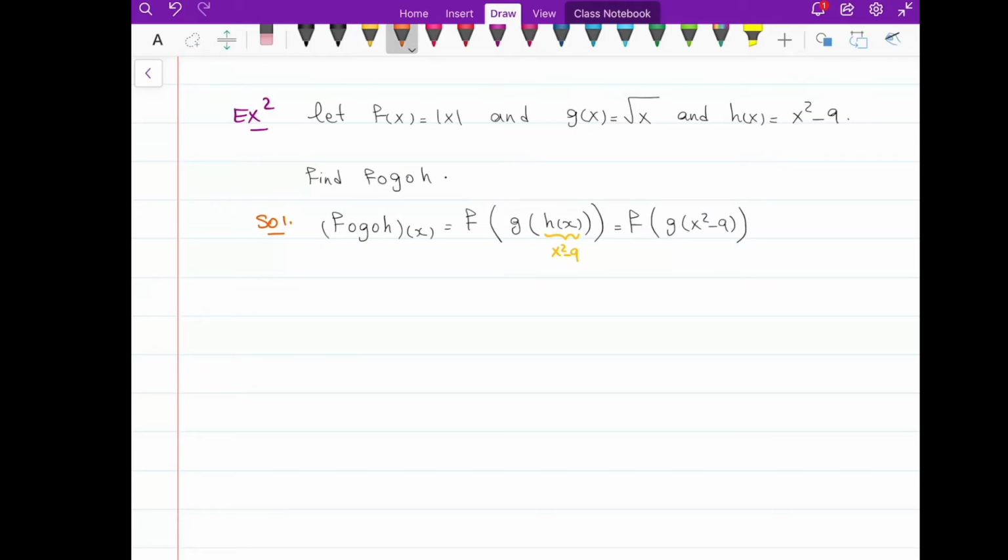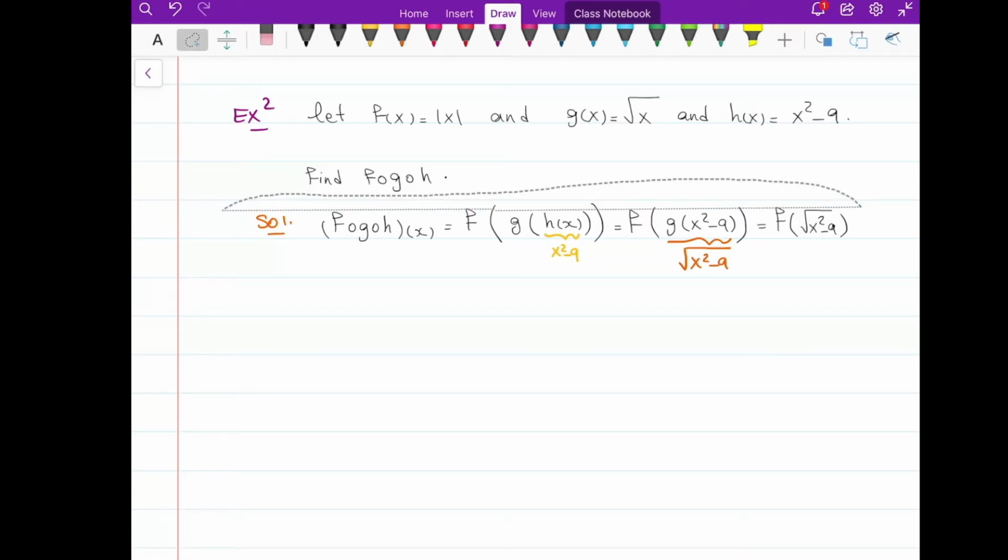Okay, you see here, g of x is the square root of x. Instead of x, I have x squared minus 9. So for any x that I see here, I need to put x squared minus 9. So it would be the square root of x squared minus 9. Okay. Now I have f of the square root of x squared minus 9. F of x is the absolute value of x. Now instead of x, I have this square root.